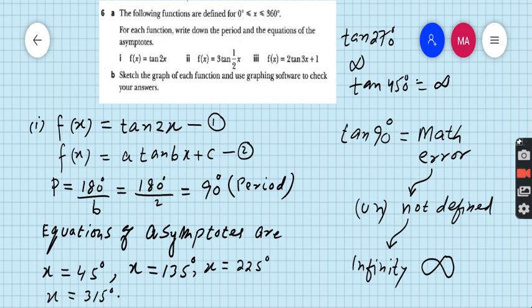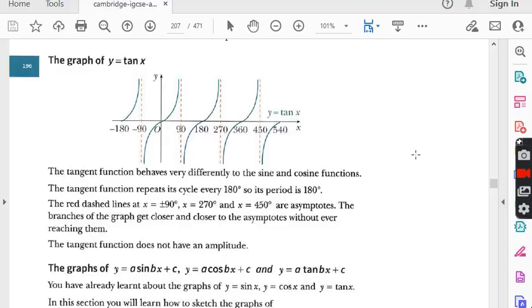Okay. So see again, the red dashed lines at x equals plus minus 90 degrees. It means if you find tan of plus 90 degrees or minus 90 degrees, you will get undefined, infinity. Also x equals 270 degrees, x equals 450 degrees, and so on. And these angles where you get an undefined value are called asymptotes.